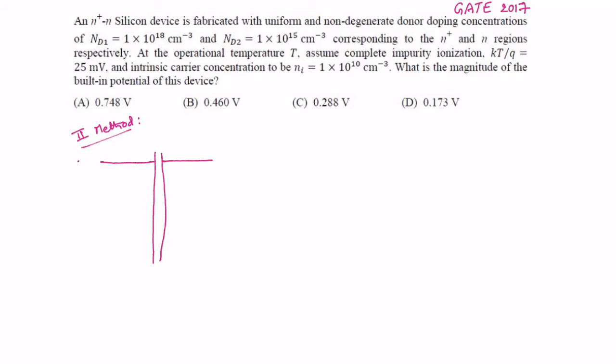both are n type. So this is EC, conduction band, and this is EFI, intrinsic Fermi level, and it is EV, valence energy level. EC is generally called as lowest energy level of conduction band.